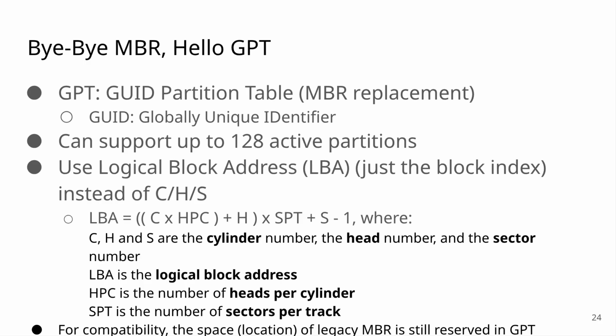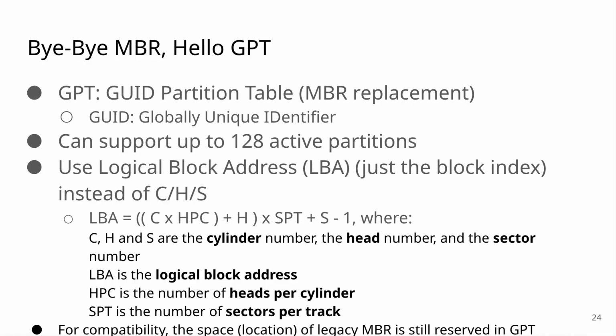Now, as we said, MBR has certain limitations. Remember, there were just 4 entries that it could have for primary partitions. So at some point this was extended to something called GPT, the GUID Partition Table.